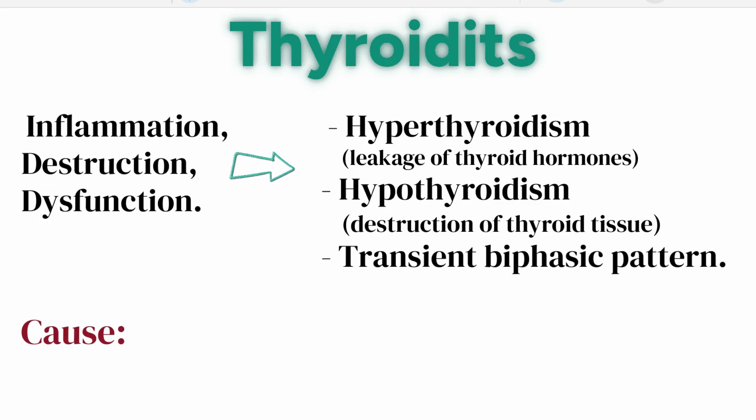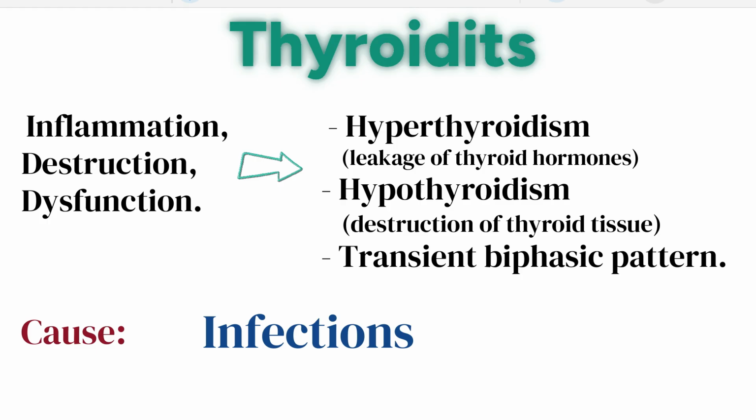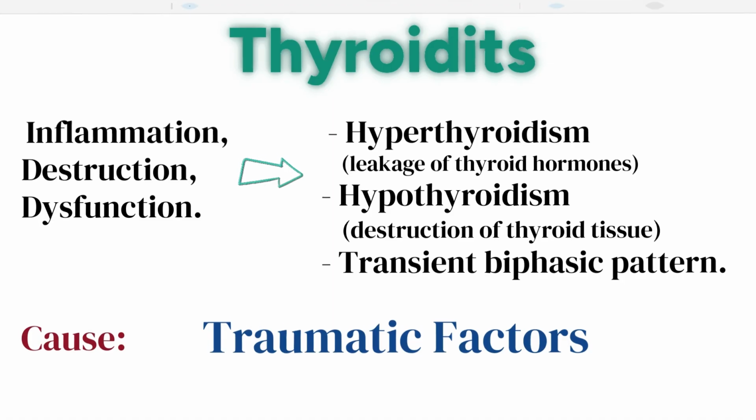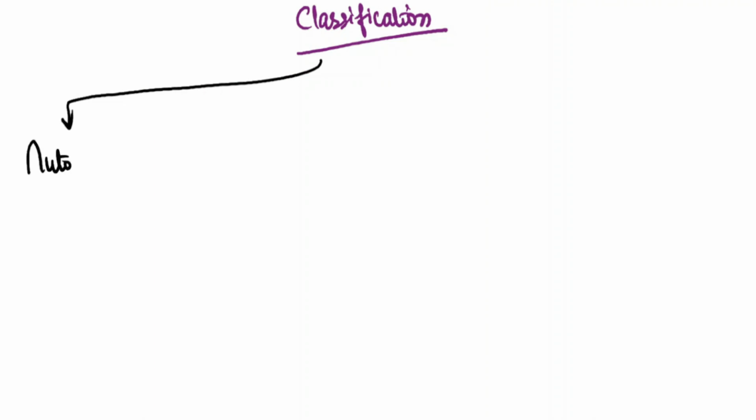It's caused by a variety of infections, autoimmune, drug related, radiation induced, and traumatic factors. The course may be self-limited or progressive, depending upon the cause. Now let's classify thyroiditis depending upon the cause. It's classified into, number one, autoimmune thyroiditis.